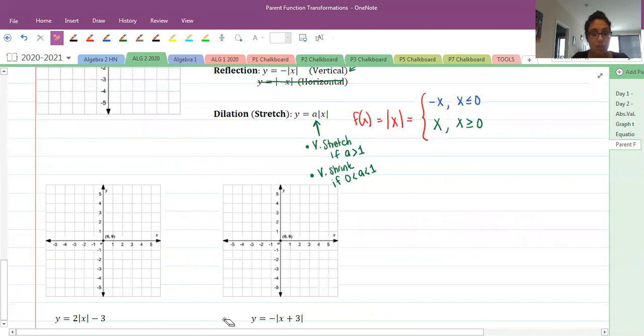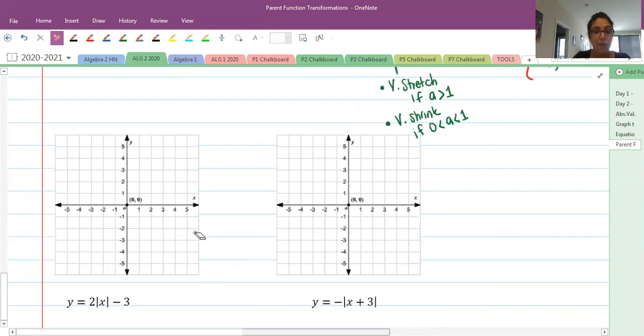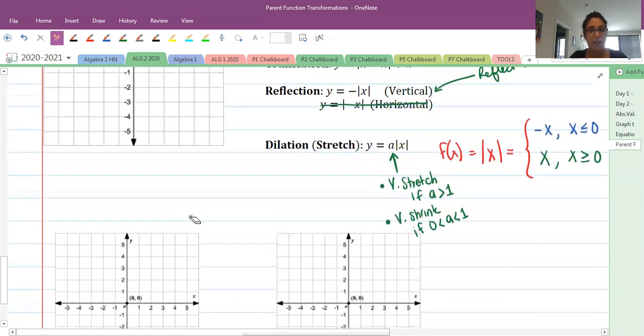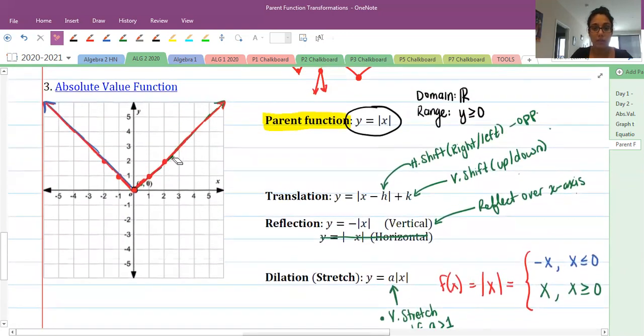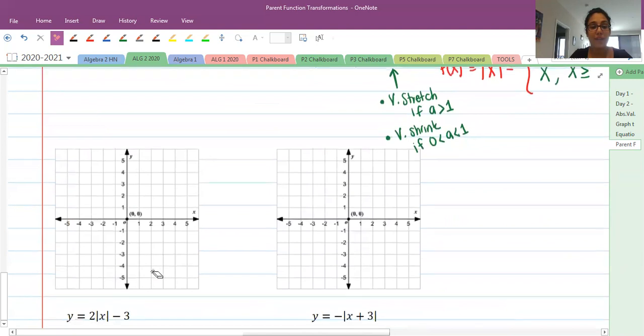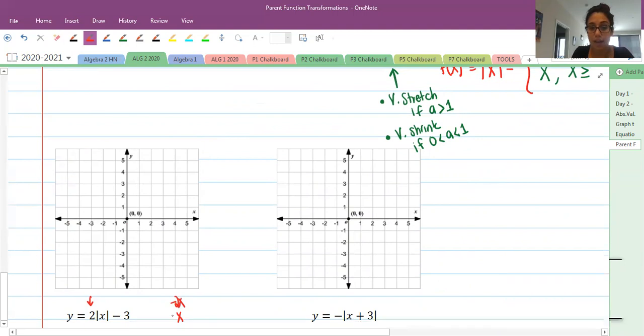Again, we remember from our parent function that it goes up by a factor of 1, okay? If we have a 2 here, it goes up by a factor of 2. It has a slope of 2 essentially, right? This is our new slope. Instead of it being -x and x, it's going to be -2x and 2x.